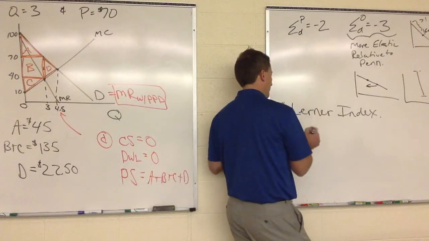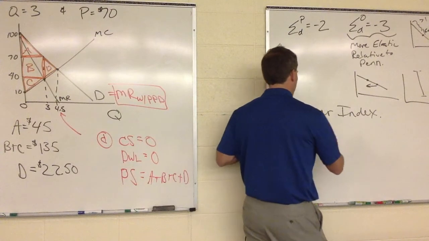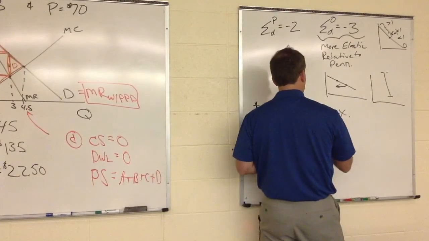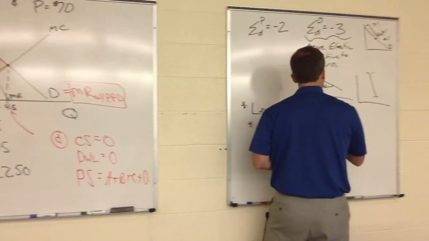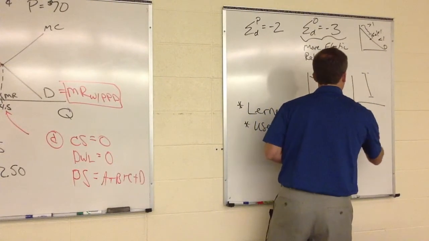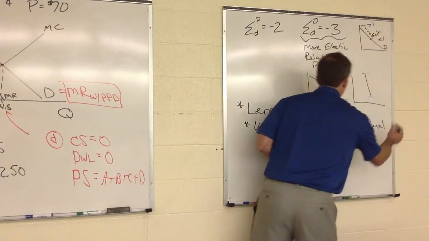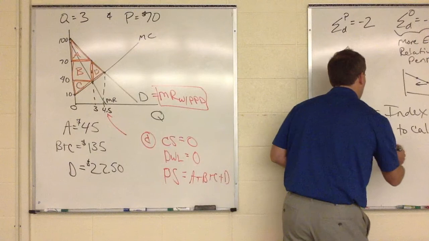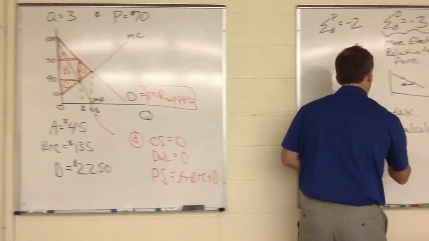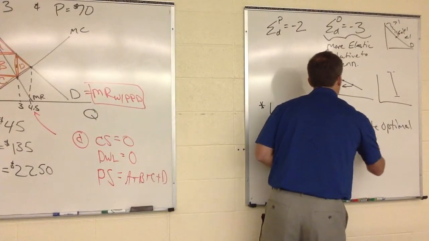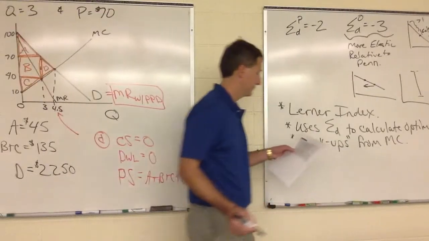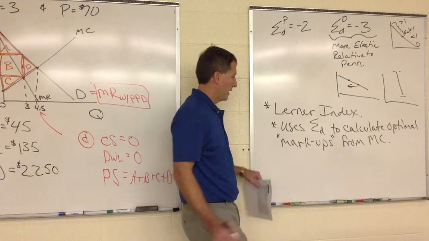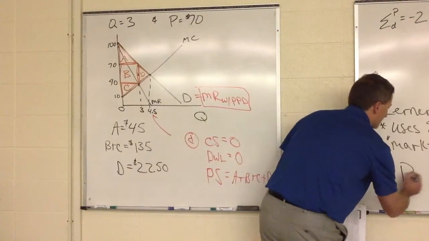So the Lerner index uses the elasticity of demand to calculate optimal markups from marginal cost. And the formula looks like this.